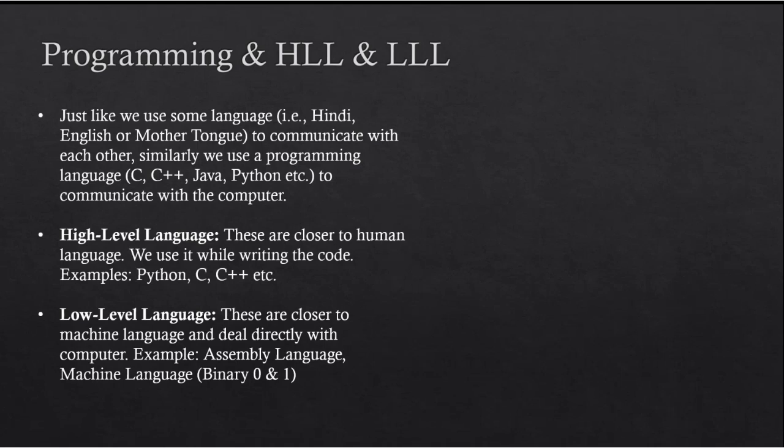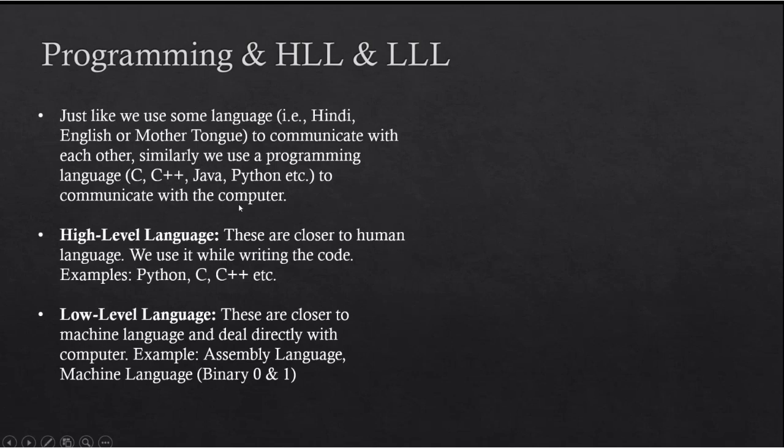We need some language to communicate with the system, because the system will not understand Hindi or English or some mother tongue language. It needs a different language. For programming, we have languages like C, C++, Java or Python. There are multiple languages in the market, and we need these to communicate with our computer.